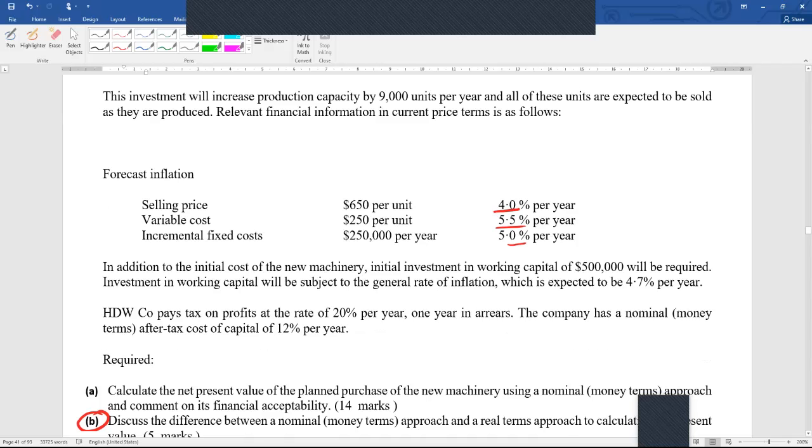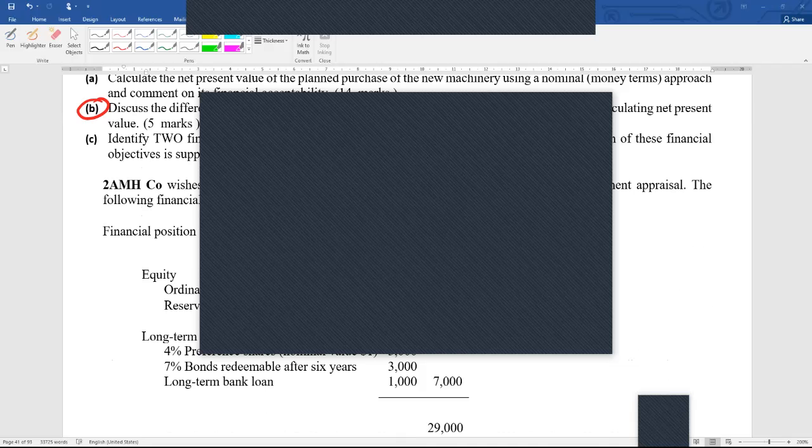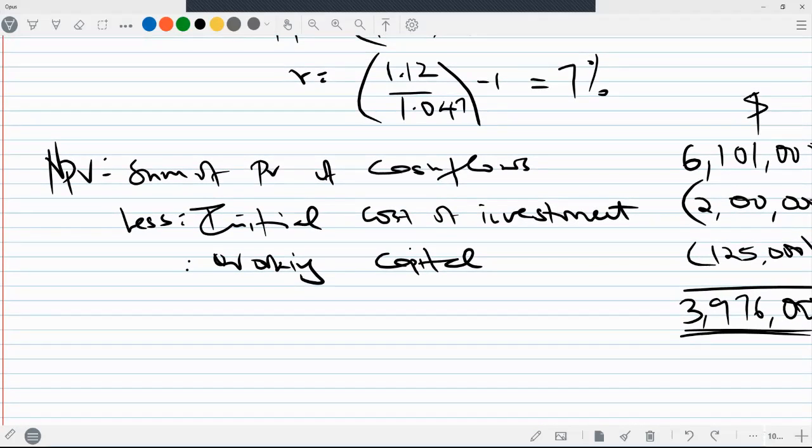This is page 42, the company by the name HDW.